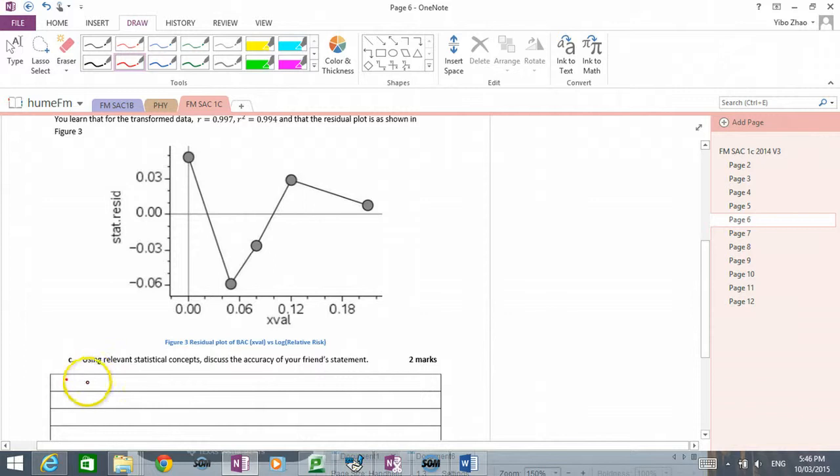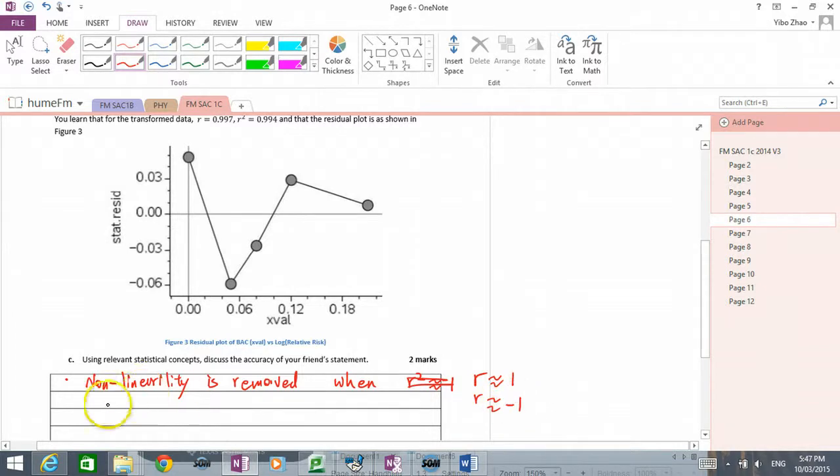Non-linearity is removed when R square value is approximately 1. Or actually write it down like this: when the R value is approximately 1, or when the R value is approximately minus 1.